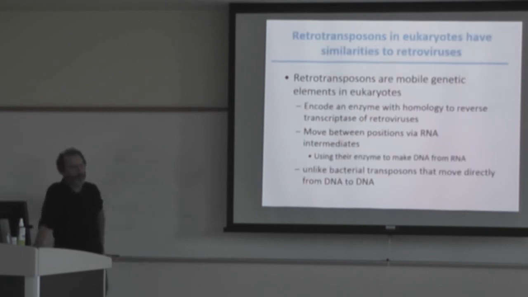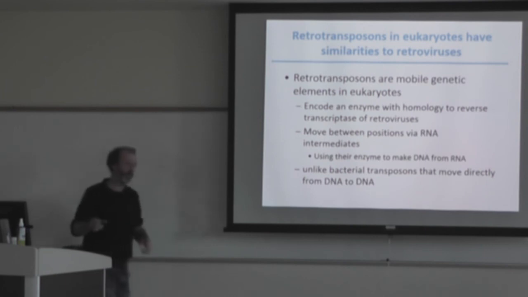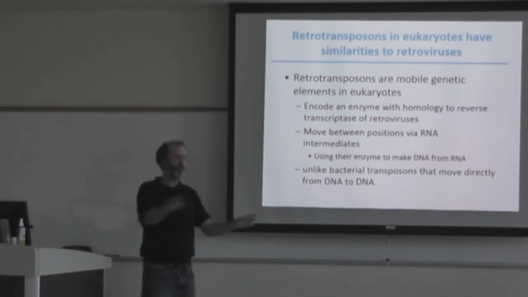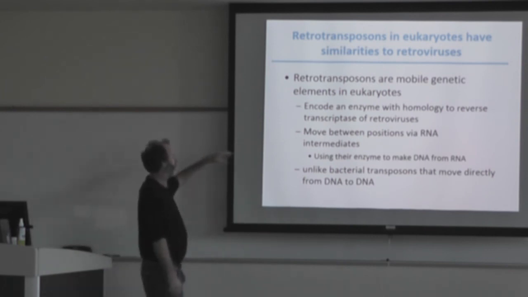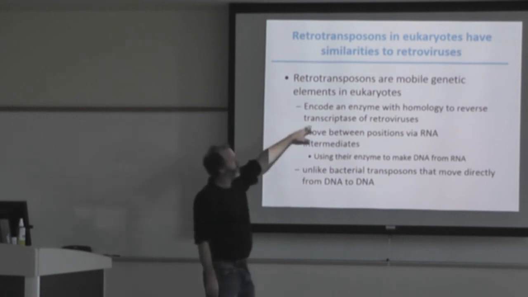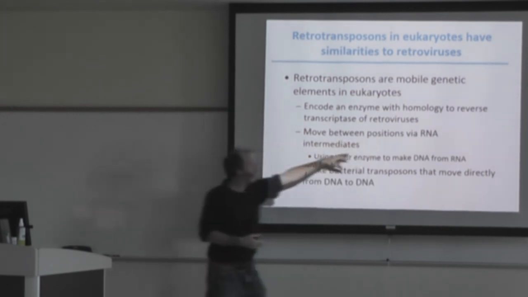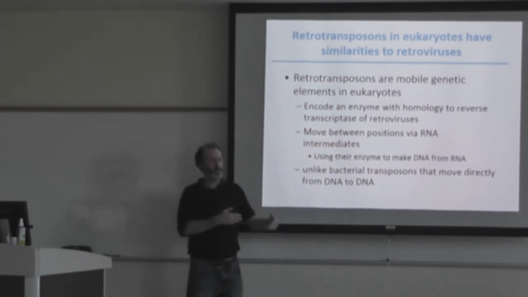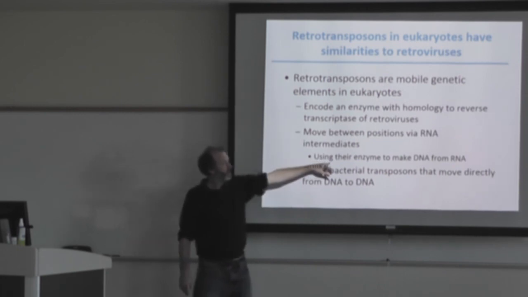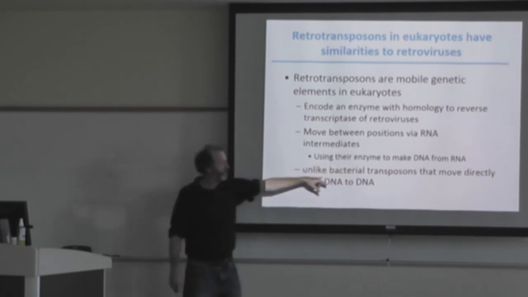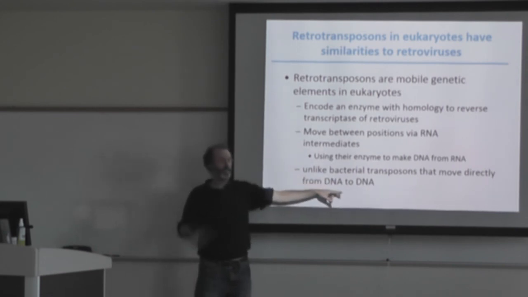Retrotransposons are the mobile genetic elements of eukaryotes. Remember the transposons, you have transposase, those are those jumping genes in the eukaryotic DNA. They code an enzyme with homology to the reverse transcriptase of retroviruses, and they're able to move between positions using that enzyme to make DNA from RNA, unlike bacterial transposons that move directly from DNA to DNA.